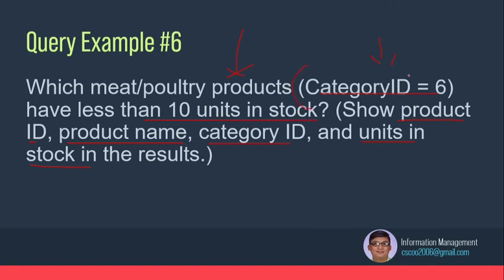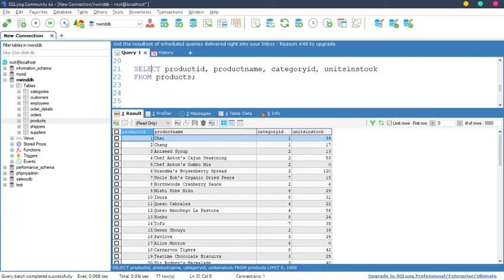Our query must have a condition that shows records where category is equivalent to 6. To do that, where category ID equals 6.